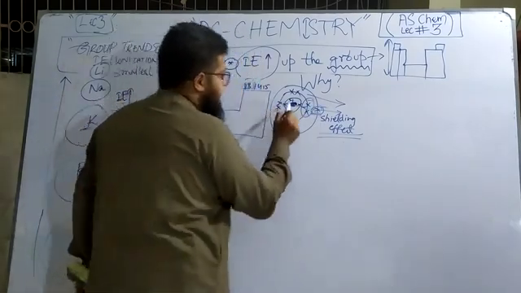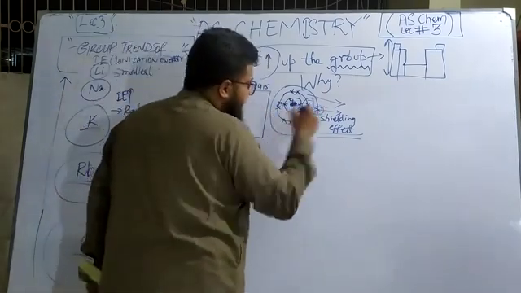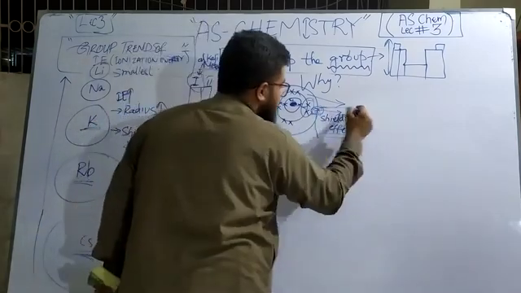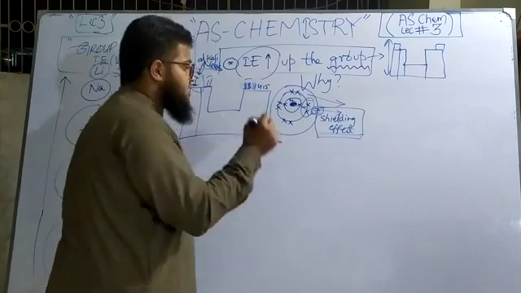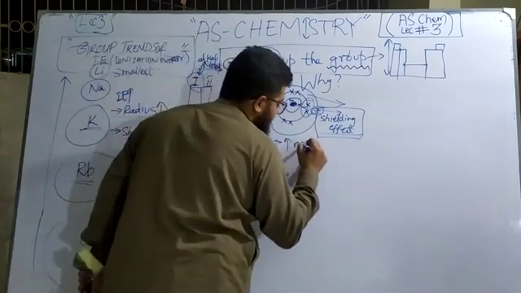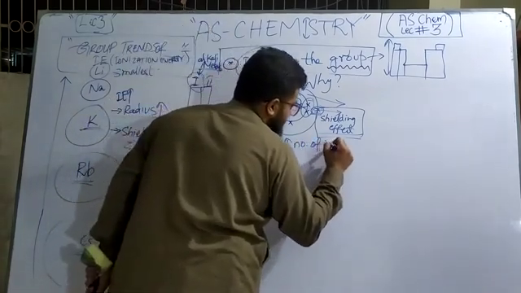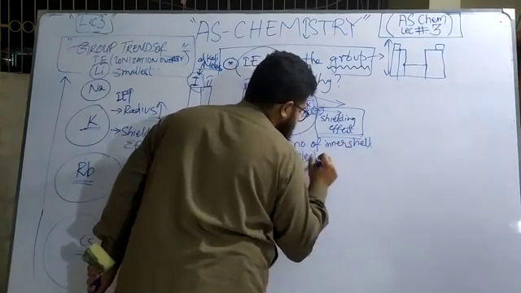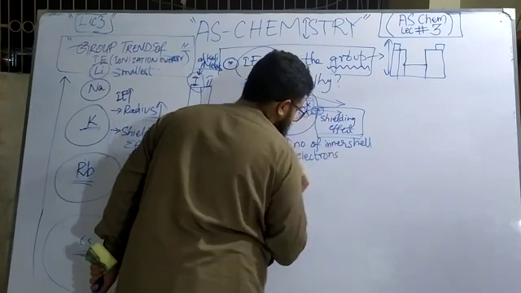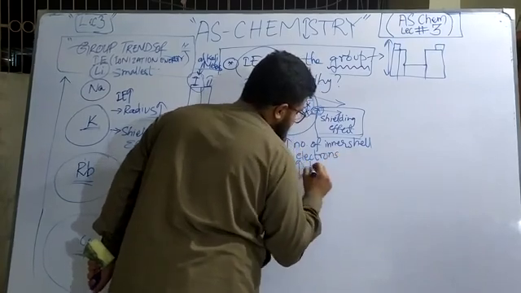So that's why these inner shell electrons are said to be providing the shielding effect. So we can derive a relationship over here that the higher the number of inner shell electrons, the greater the shielding effect.